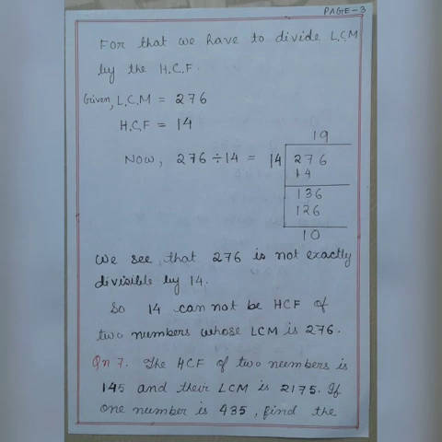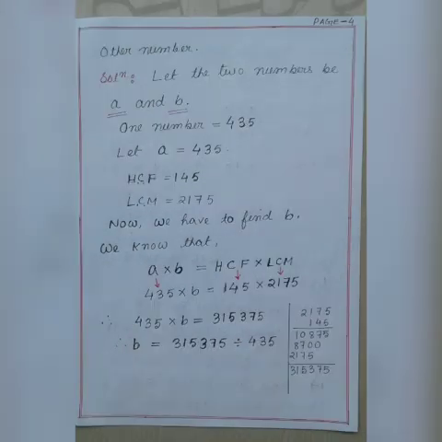Question number 7. The HCF of two numbers is 145 and their LCM is 2175. If one number is 435, find the other number. The solution for this: let the two numbers be A and B. One number is given as 435.